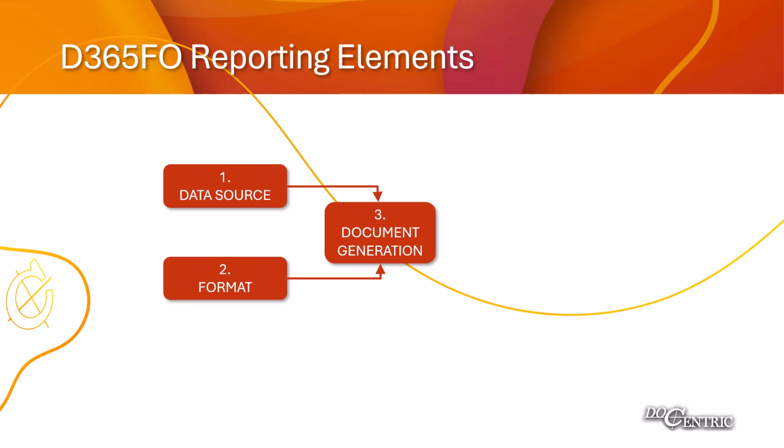By combining the data source and format, the reporting engine will generate the output document. It is usually a PDF, but there are other scenarios that require different formats. In this step, your business process might require more options, such as digitally signing or encrypting this document, giving it a dynamic name, having it translated in a certain language, and so on. Once you have a document, you need to distribute it. For example, send it via email, or save it to some storage location, or print it on a selected printer.